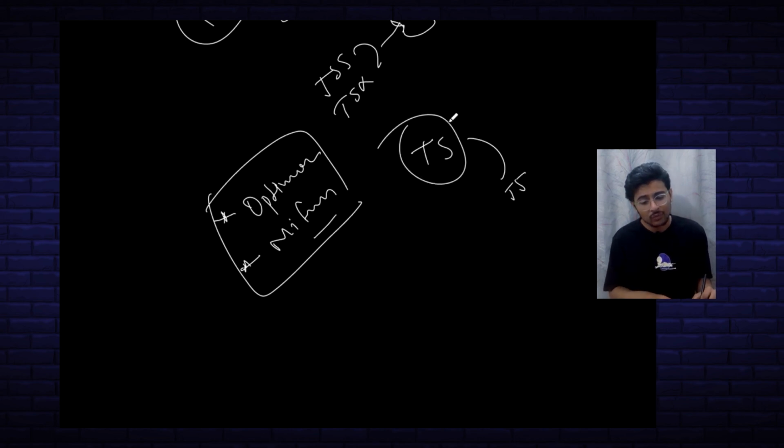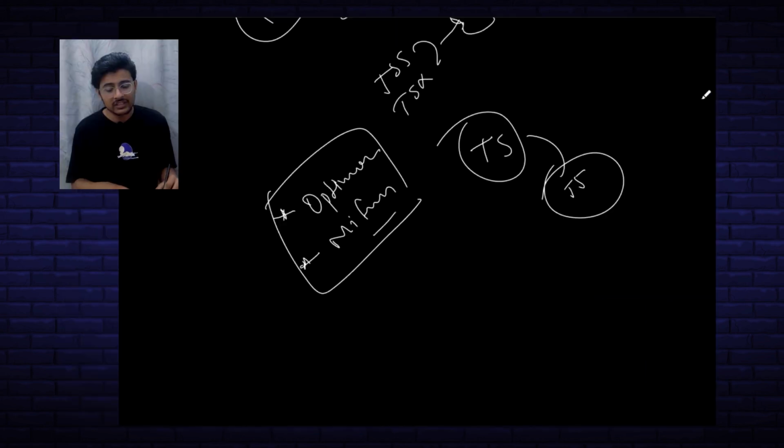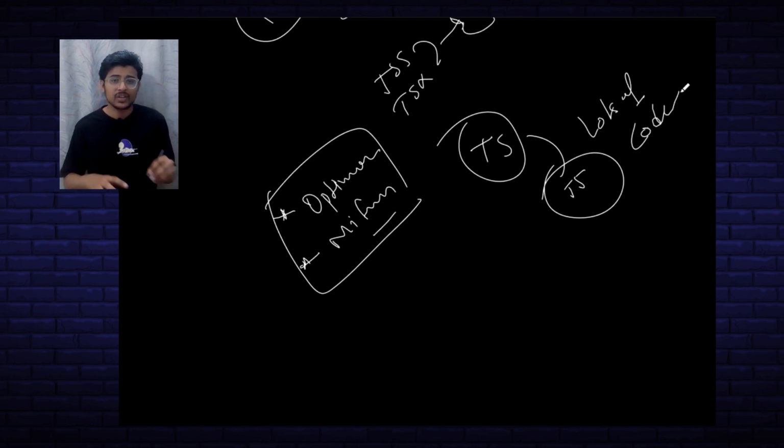Converting one language into another is a big deal, and obviously it is going to create lots of unnecessary code. That's why we need an optimizer and minifier, so that we can optimize that code and make the size of the file smaller, so that it loads well and our dynamic website works well.